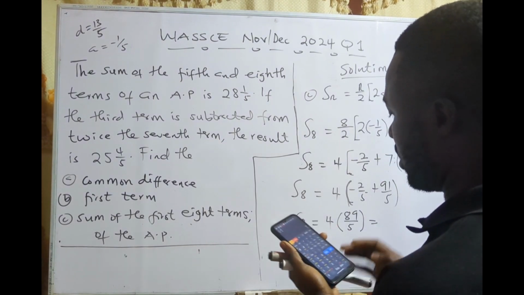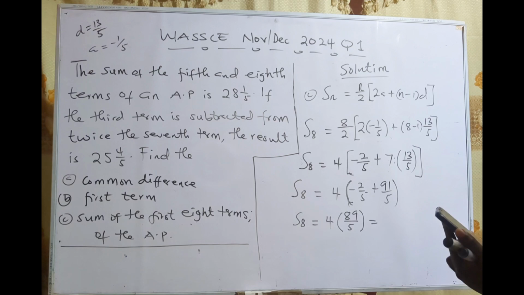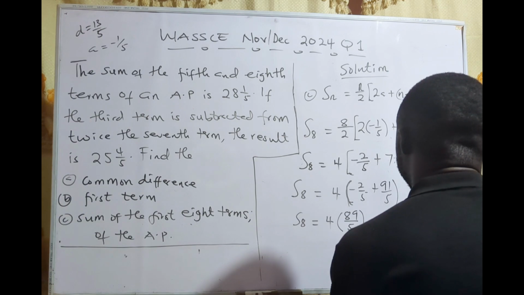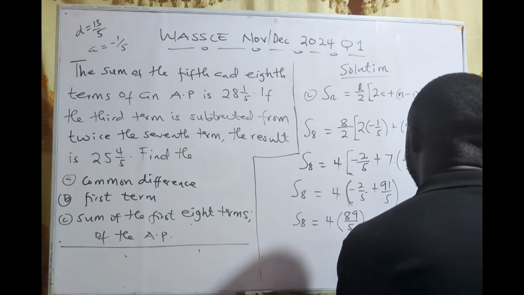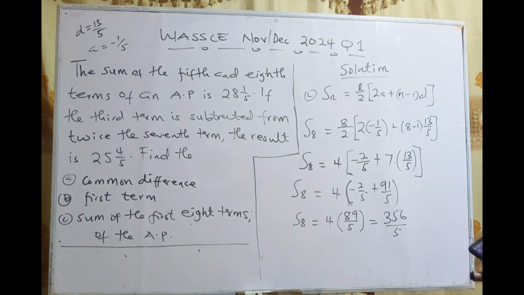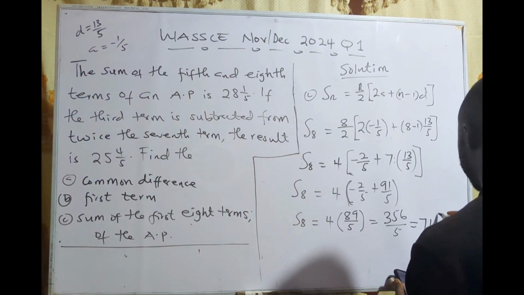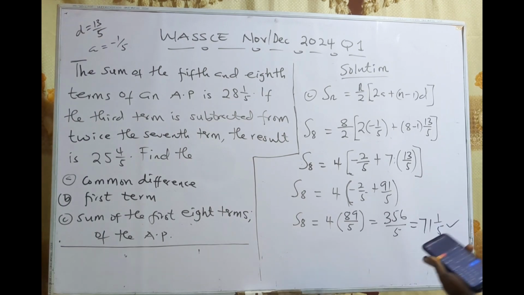So 4 times 89 on 5 will give us 356 on 5. We can write the answer as a mixed fraction: 71 whole number, 1 on 5. So this is the sum of the first 8 terms, 71 whole number, 1 on 5.